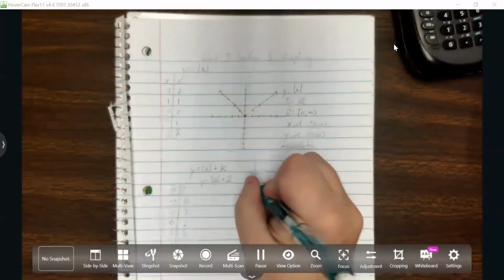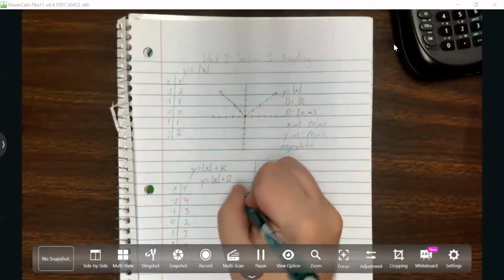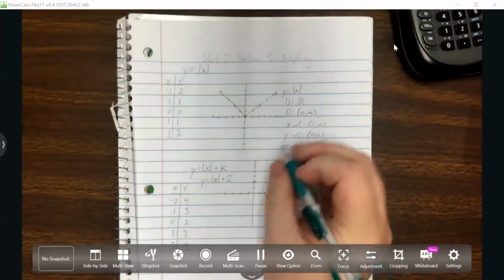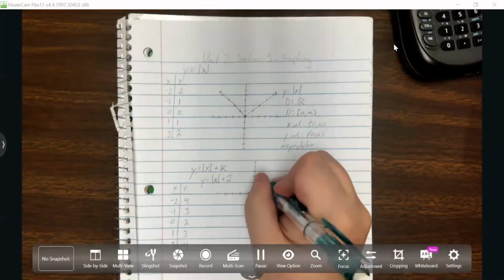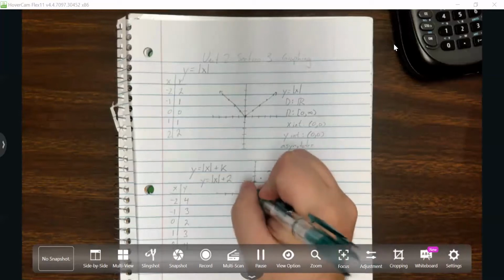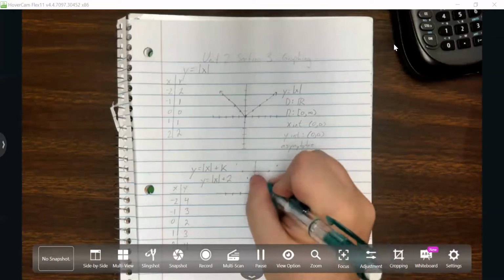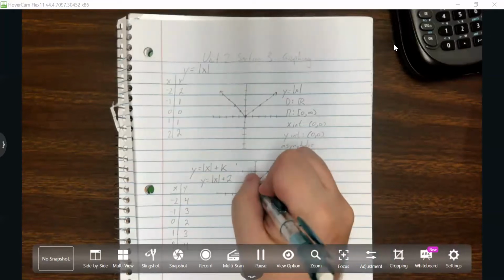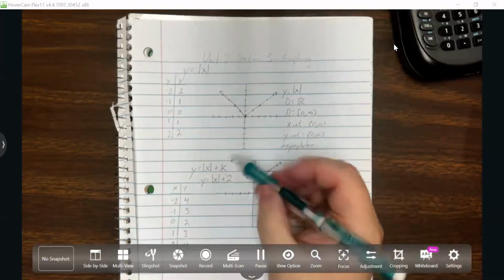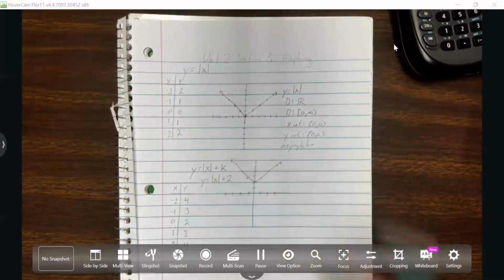So now when we plot it, we can see that each point has simply been moved up 2 on our graph. Otherwise, the graph is still the same shape. So we're at 0, 2, and then we get that same distinct V shape. But the whole thing's simply been moved up. So this is called a vertical shift. Any kind of number we add or subtract at the very end moves the whole graph up and down.